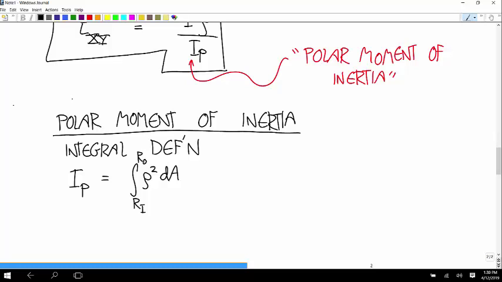It looks a lot like the expression for the area moment of inertia. Anyone happen to remember that well enough to notice what the difference is here? There's only one difference.